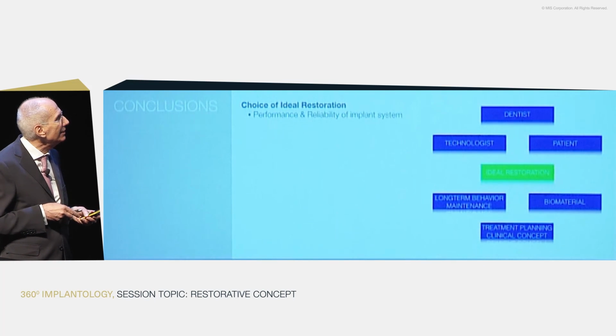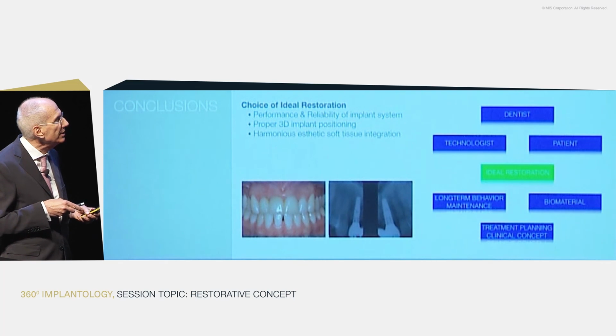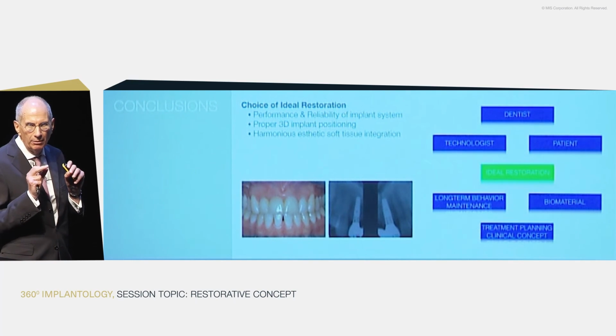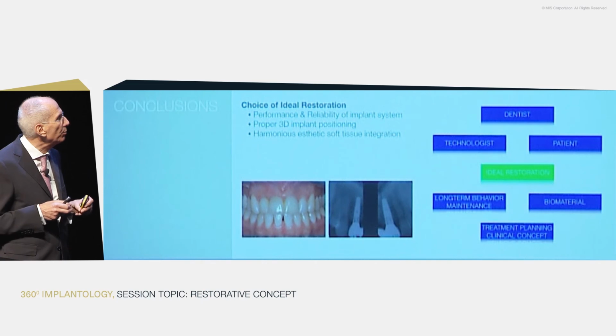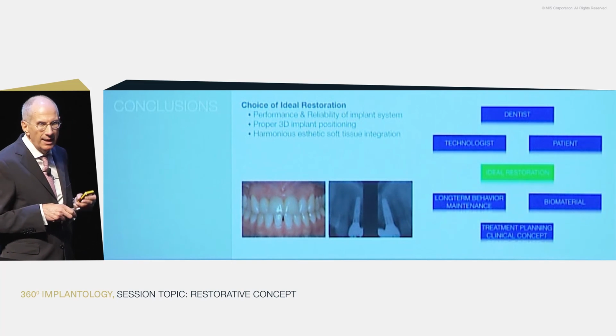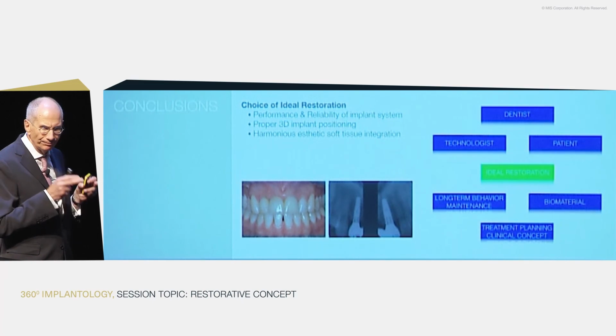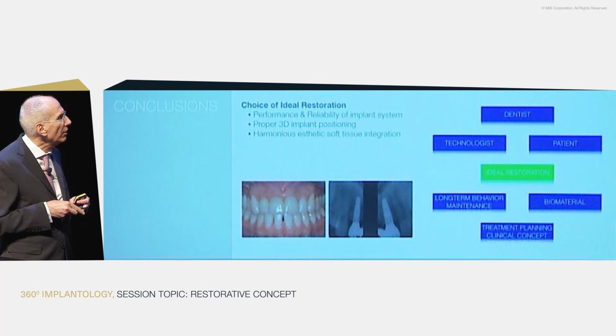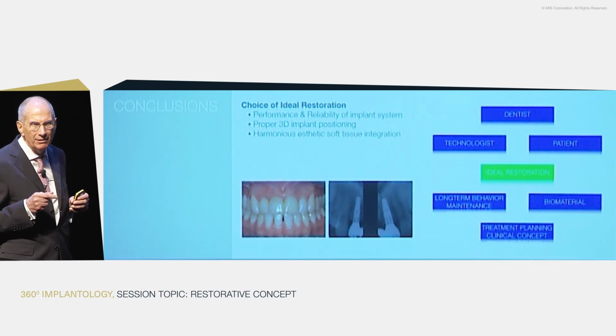As you could see, the ideal restoration is depending on the collaboration, on the team approach on the one side, on the biomaterial selection on the other side, on the treatment planning, and what we didn't discuss and is of high importance too, the maintenance.